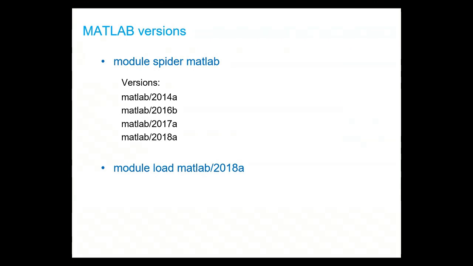We always suggest the latest version, because it will have more features, and some older features can run more efficiently. So try to use the latest version on the systems as much as possible. Then you module load matlab with the version of the package, and pretty much I think you're on it.